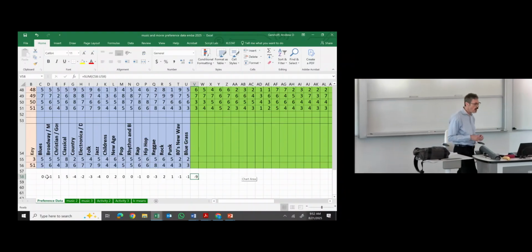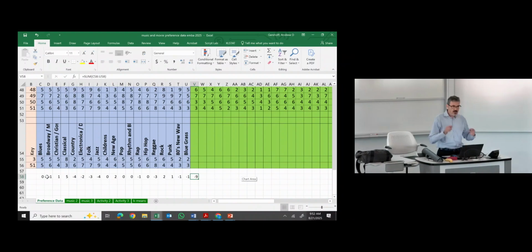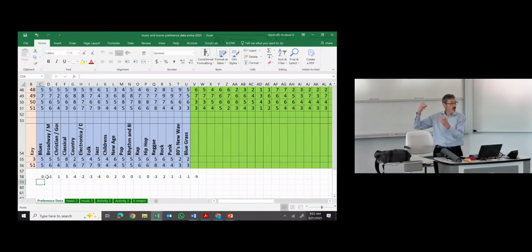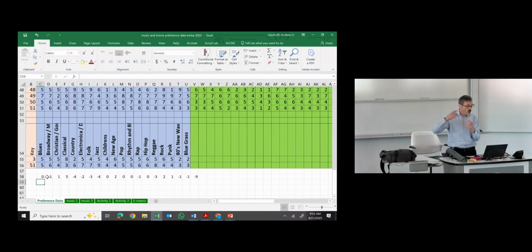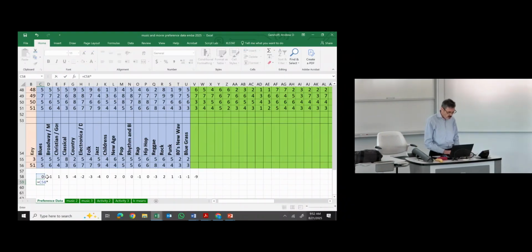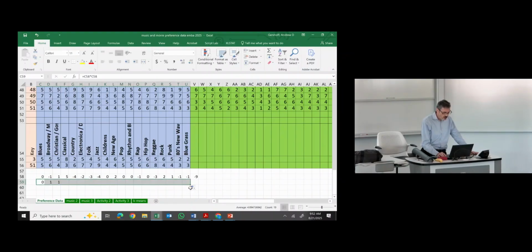So taking the sum doesn't work, particularly if you've got some that are positive and some that are negative in terms of where that difference is. So instead, I'm going to take the square of these, which will give me effectively the absolute value. So I can say equals this times this. Now all of these values are going to be positive. They're all positive.